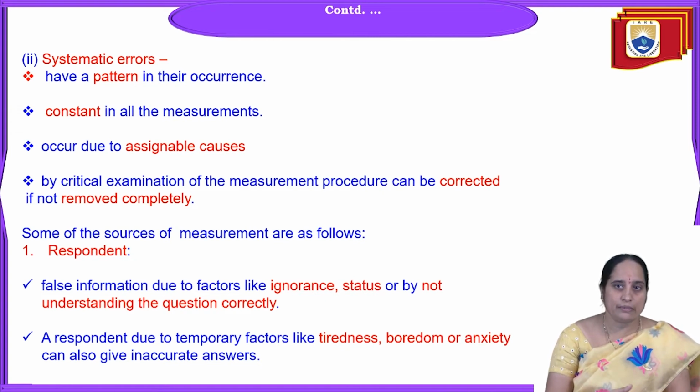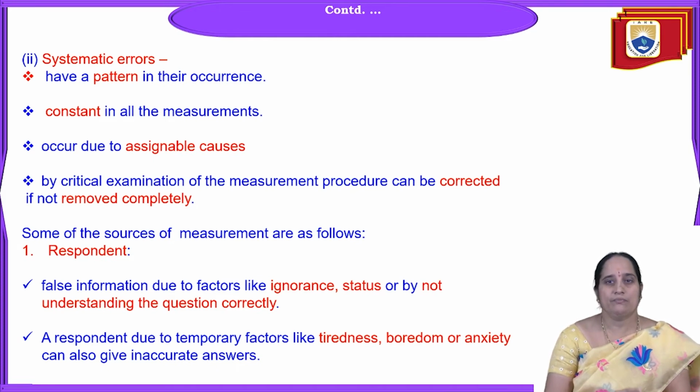Due to factors like ignorance; sometimes he may not remember what happened. Another thing is the fear of status and prestige. Out of that, he never opens his mouth to provide correct information, or does not understand the question correctly.